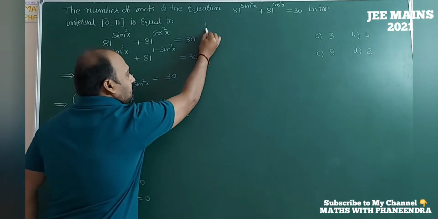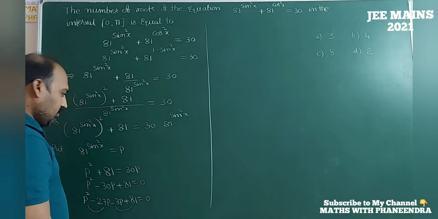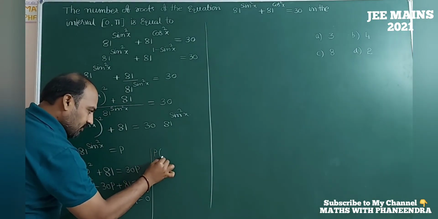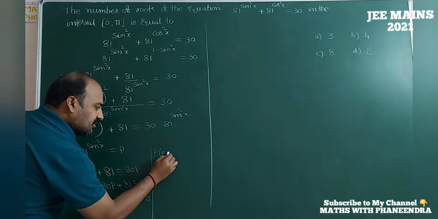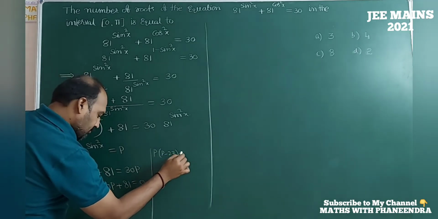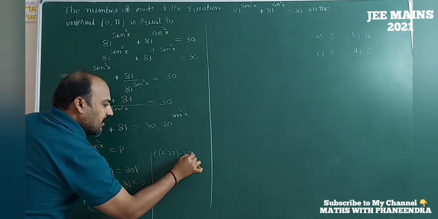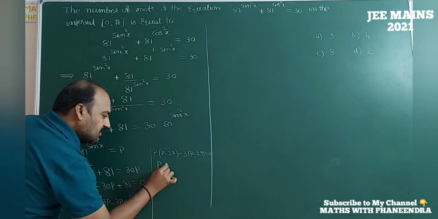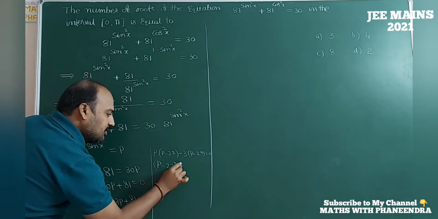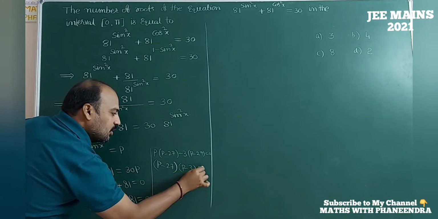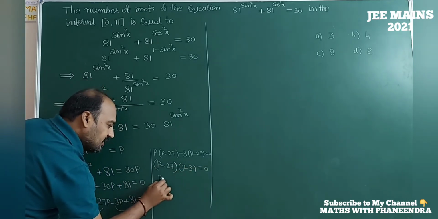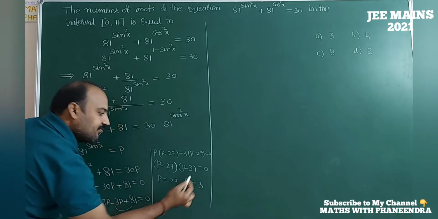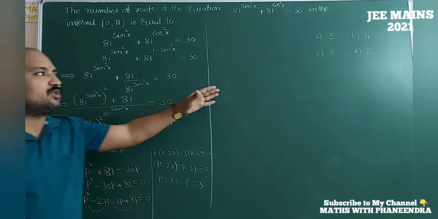So p into p minus 27 minus 3 into p minus 27 equal to 0. So p minus 27 into p minus 3 equal to 0. So p is equal to 27 and p is equal to 3. Don't think these are the two answers, two roots.